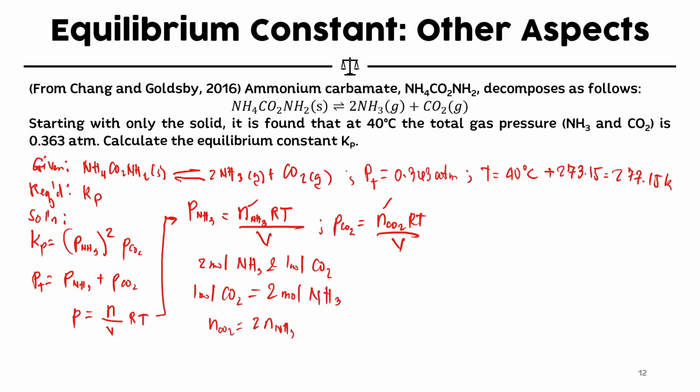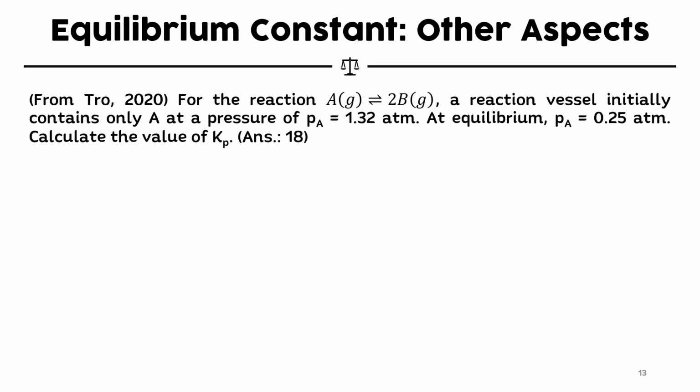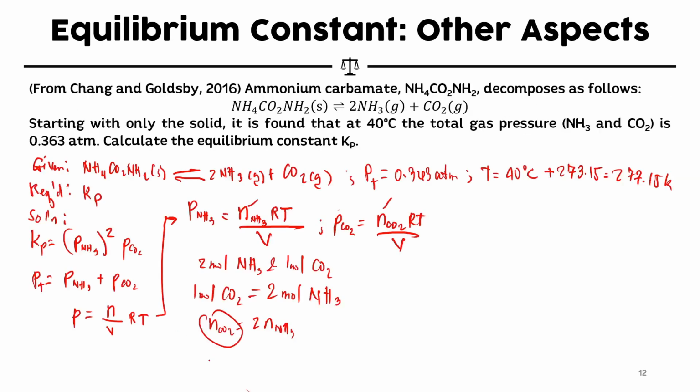So how does this help? That means we can actually express one partial pressure in terms of the partial pressure of the other. So let's try substituting the expression for the number of moles of carbon dioxide to here.